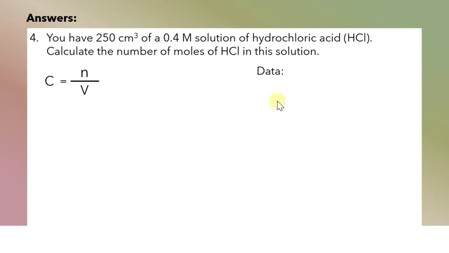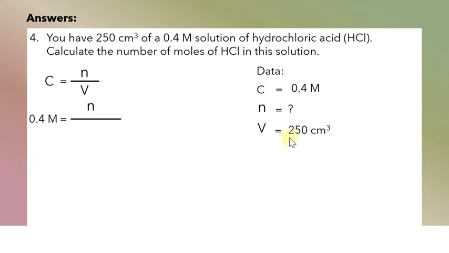So data we have: concentration, we are told 0.4 molar. Then the number of moles is what they're asking us to calculate. Then volume, we are given 250. So it will be simple. Concentration, put that one there, equals number of moles, which you don't know, over volume. Convert this one by dividing by 1000, which will give you 0.25 cubic decimeter.